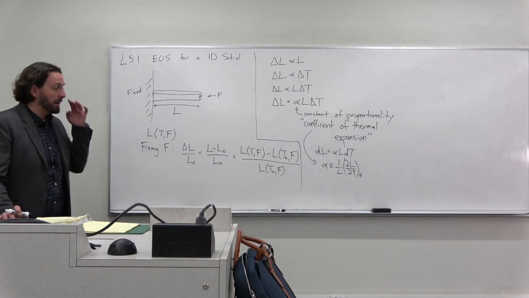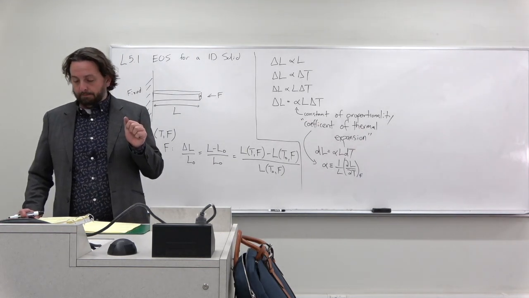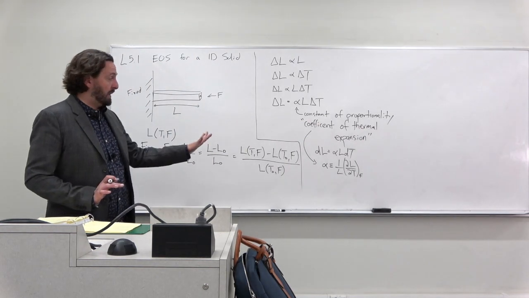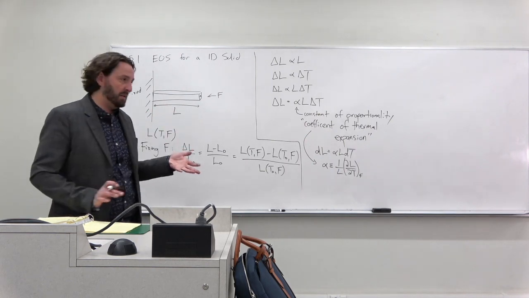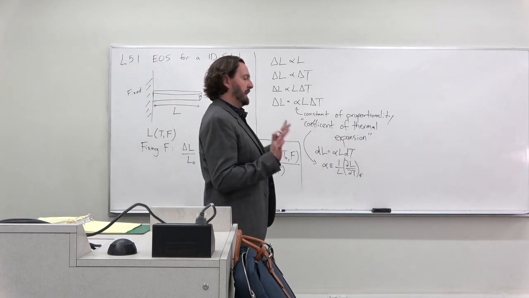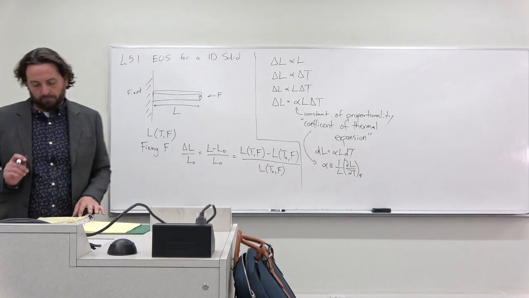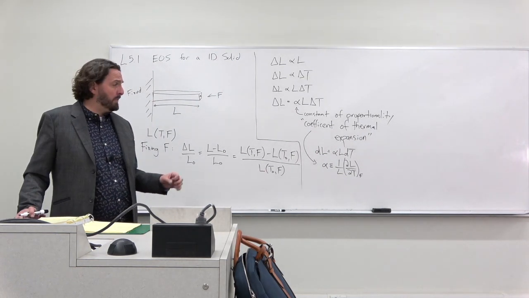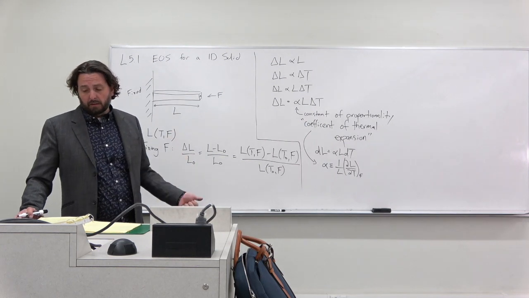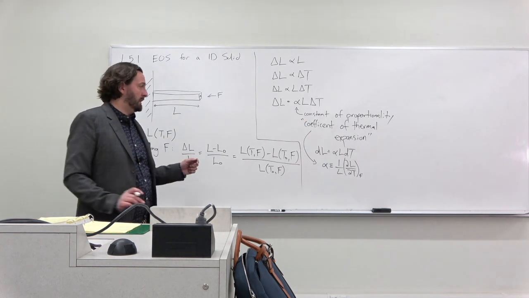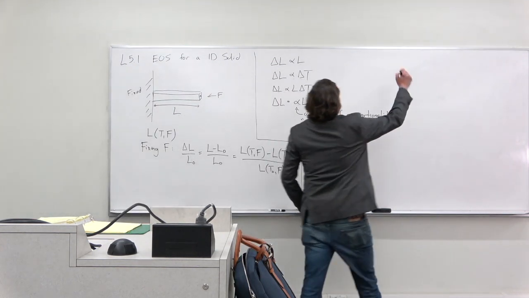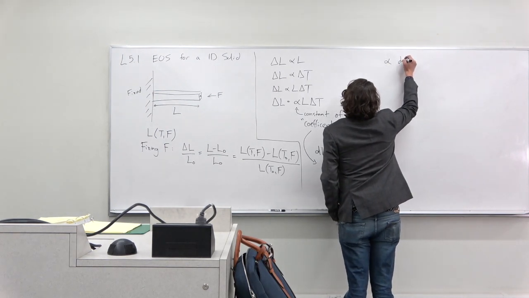Okay, a few notes about alpha. It's defined again for constant force or constant tension. And usually when you look it up, it's going to be at 0 applied tension or applied force. It's going to depend on the material, so alpha depends on material.